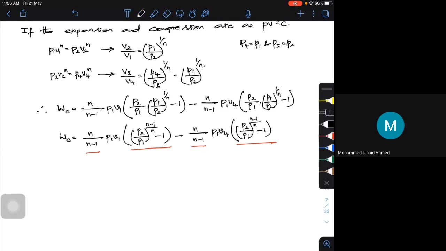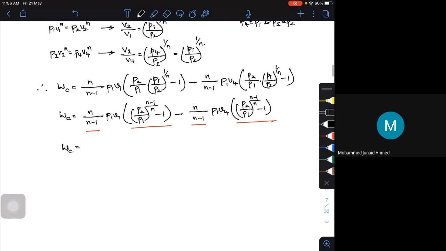I can write the work of compression is equal to n by n minus 1, which is common, then P2 by P1 whole to the power of n minus 1 by n, which is common, into P1 into V1 minus V4. Okay, this is the expression for work done for a single stage reciprocating compressor with clearance volume.